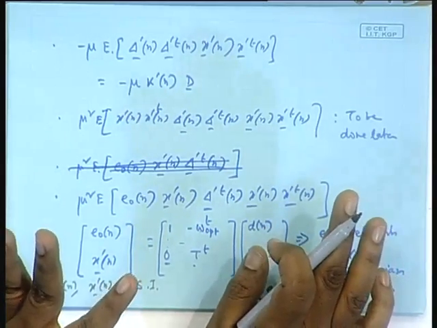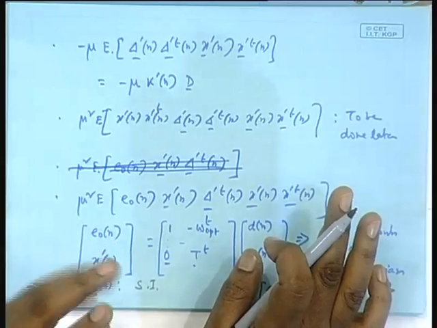Now, E0n, what is the mean value of that? 0, because Xn is 0 mean, Dn is 0 mean. So, Dn minus W of transpose times Xn, that is 0 mean. Input Xn is 0 mean, Dn is 0 mean, isn't it? So, Dn minus W of transpose Xn vector, if you take it and apply E over it, it will be 0. E of Dn is 0, E of Xn is 0. Do you follow this?